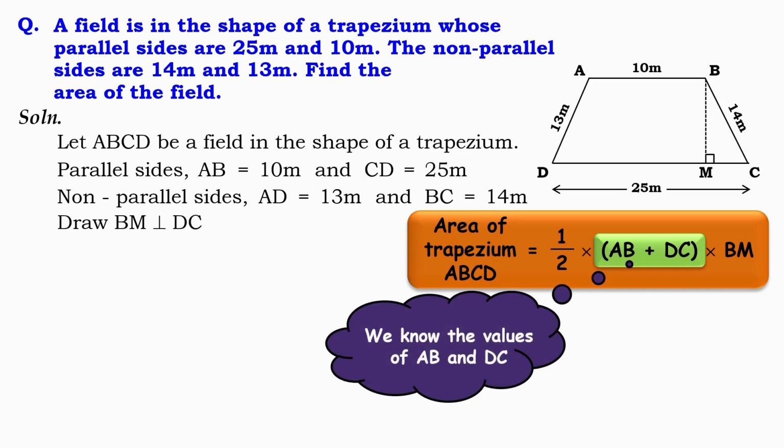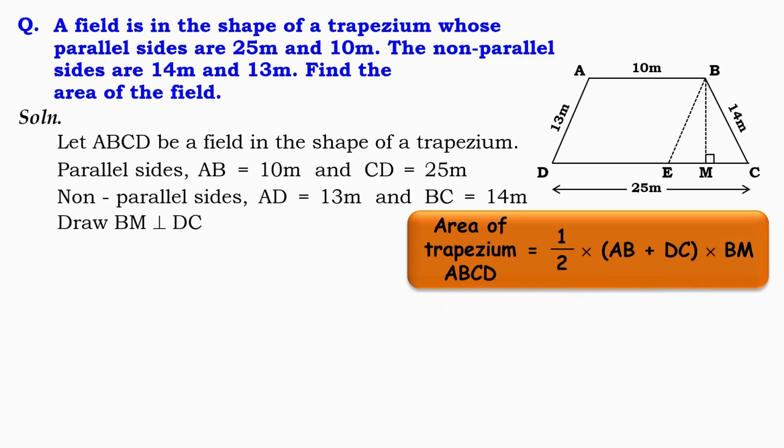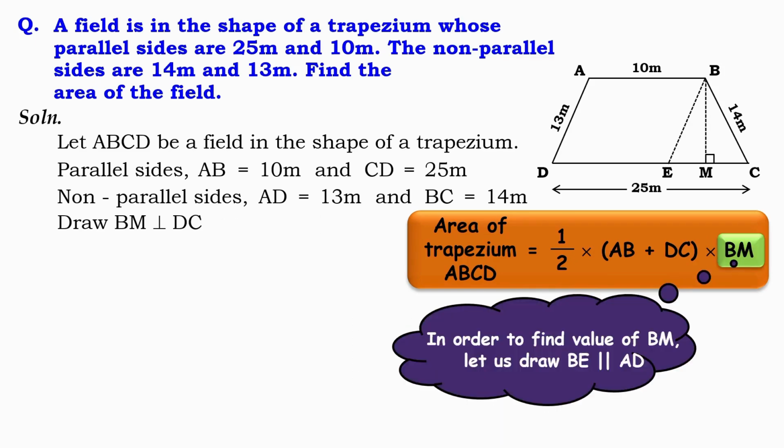Now we know the values of AB and DC. But in order to find the value of BM, let us draw BE parallel to AD. So what we are going to do over here is draw a line parallel to AD at the point B, which will become BE, such that BE is parallel to AD.